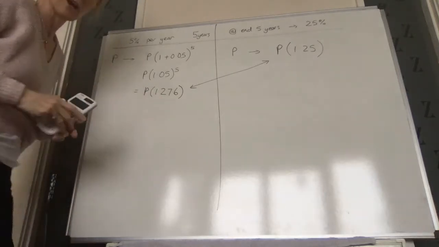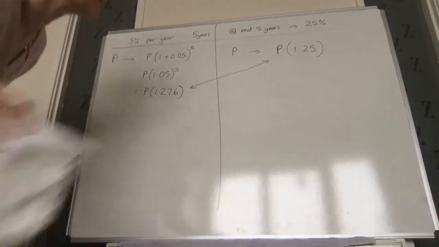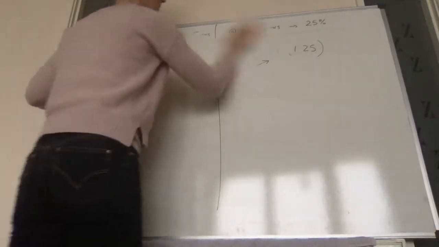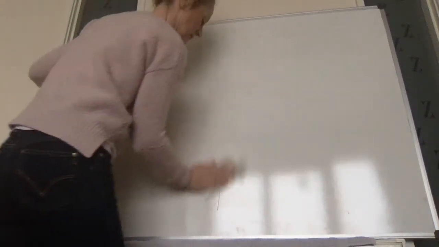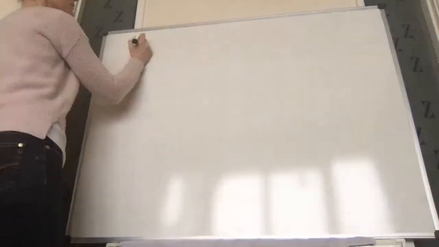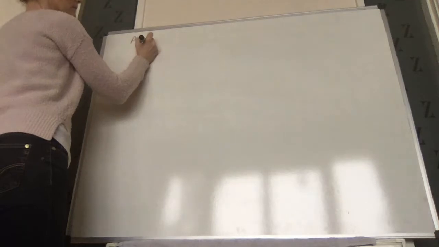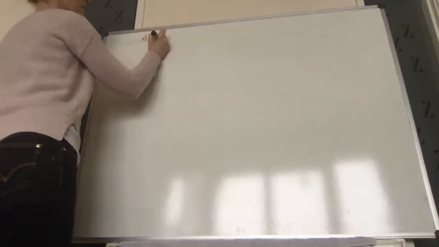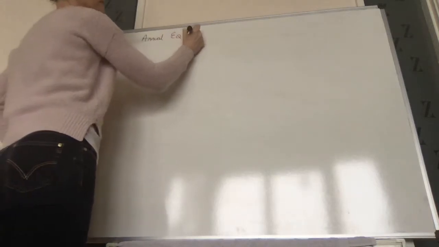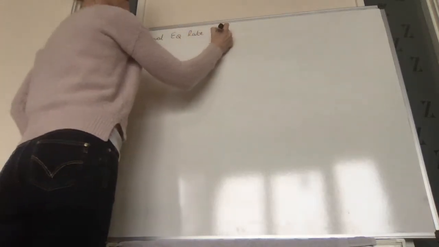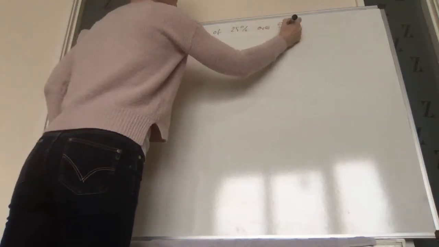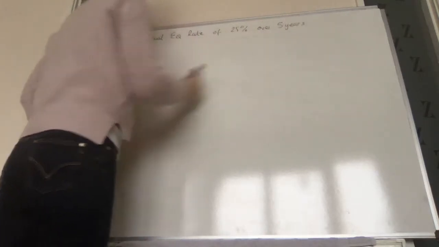But the question is, what does it equate to? Okay, so the proper way of phrasing that question is, we want to know what is the annual equivalent rate of 25% over 5 years. What's the annual equivalent rate of that?